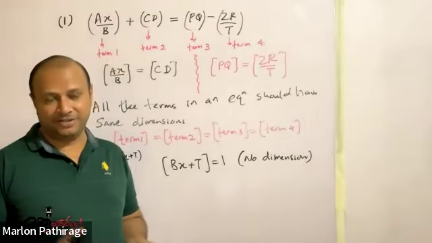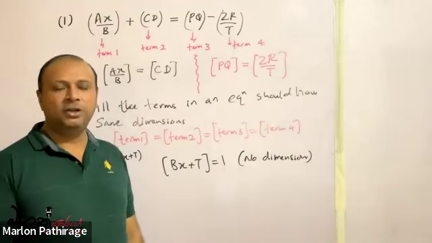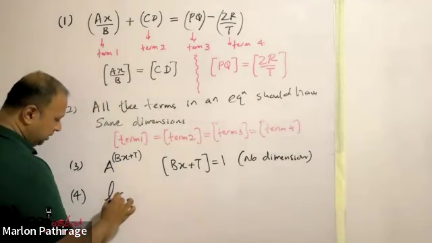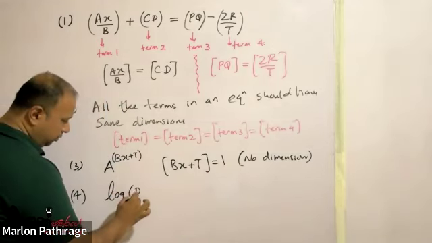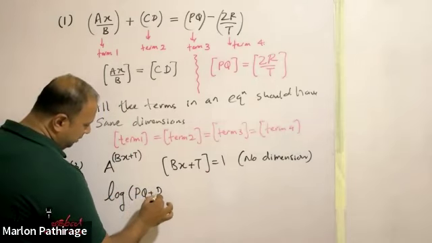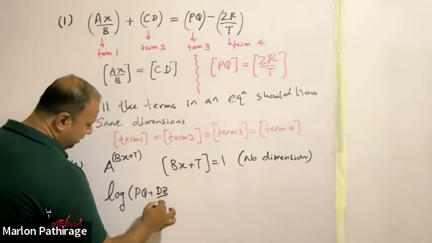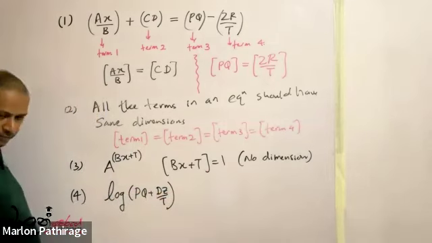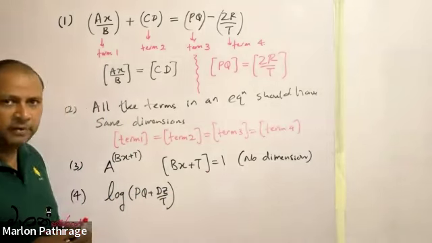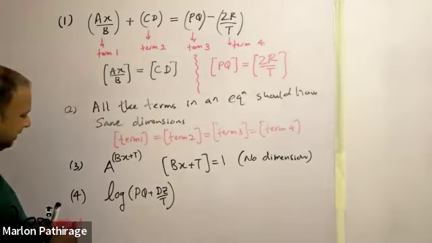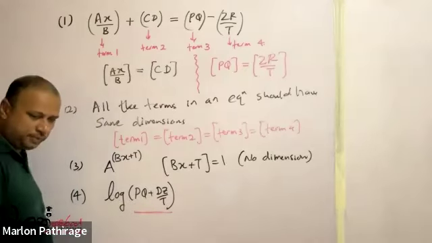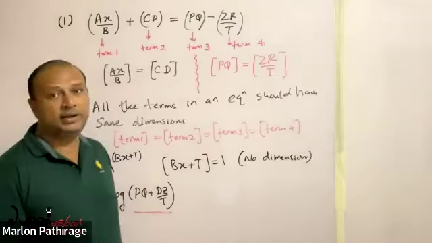The next topic is logarithm functions. If we consider logarithm functions, suppose this is log of pq plus dz over p. So if there's a logarithm function, this expression inside should be a number.